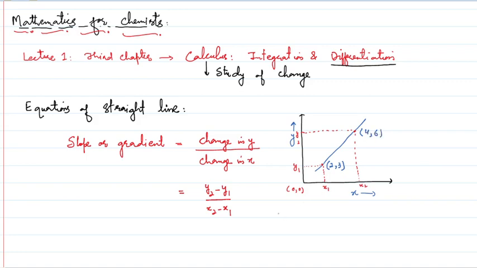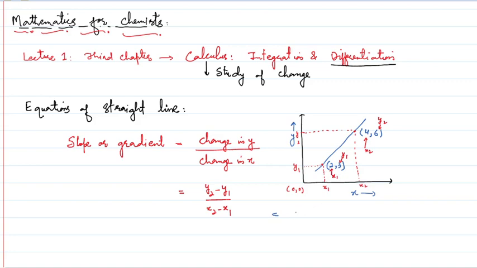Suppose this is just an example. What we will write first is y2 minus y1. Here remember, this will be the y2 value, and this will be the y1 value. So this will be the x2 value and this will be the x1 value.